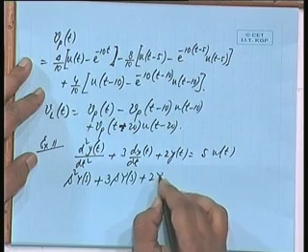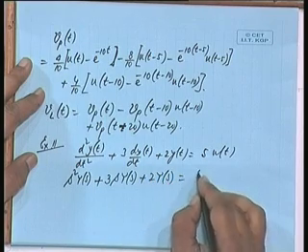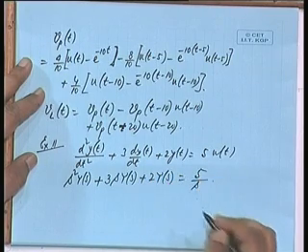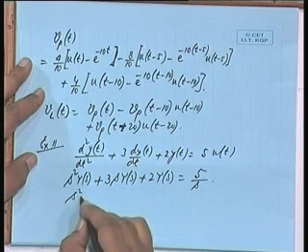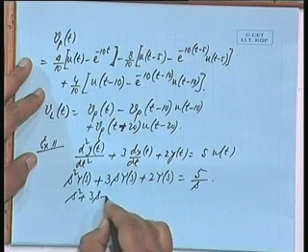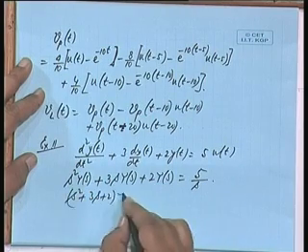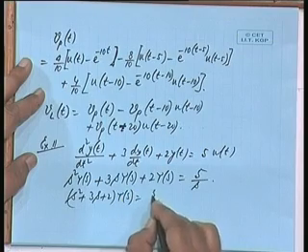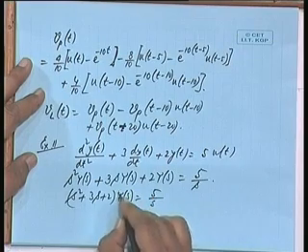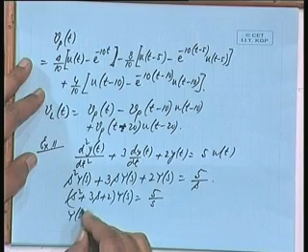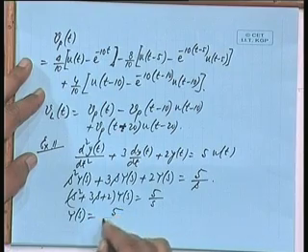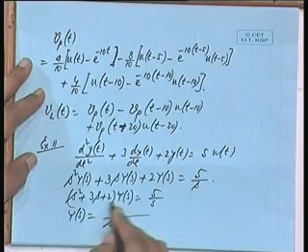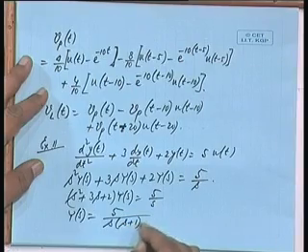Plus 2 times Y(s) is equal to 5 by s. So it is s squared plus 3s plus 2 into Y(s), which is 5 by s. So how much is Y(s)? 5 divided by s into s square plus 3s plus 2, which can be written as s plus 1 into s plus 2.